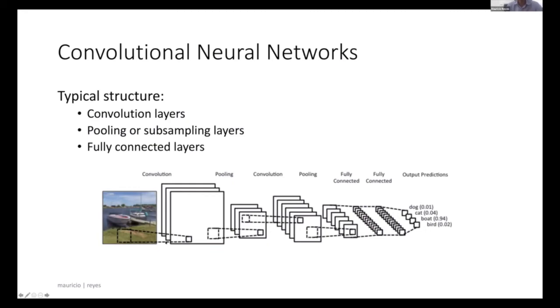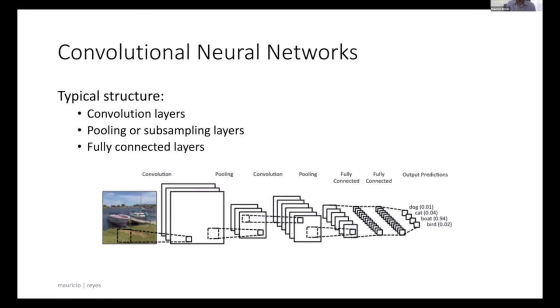For example, probably you have seen convolutional layers, then pooling layers, which basically just take the most important part of the information, and then fully connected layers, where you try to pass the information from all the cells or neurons in the layers at the end of the network to finally do a classification. For example, here, classifying this input image into 1, 2, 3, 4 classes.